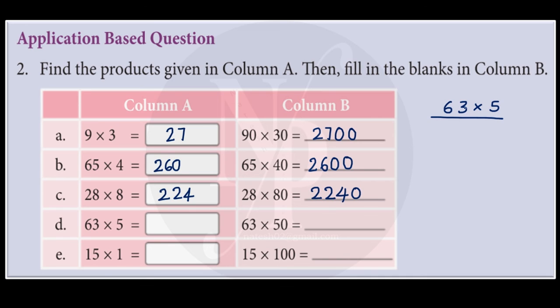So 15 ones are regrouped as 1 ten and 5 ones. Now we multiply 6 by 5. So 5 6s are 30. 30 plus 1 is 31. Therefore 315 is the product of 63 and 5. Let us write that in the box given here. 315.